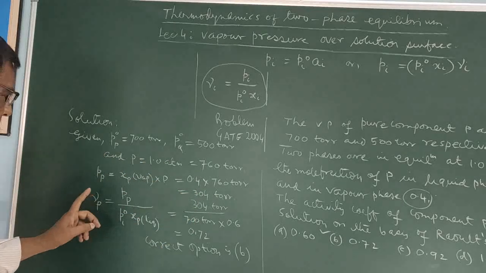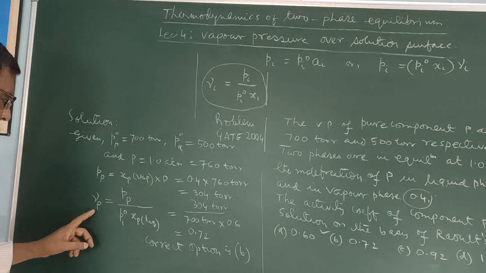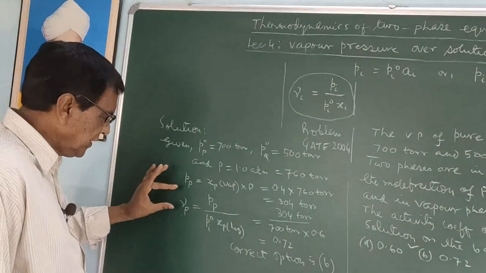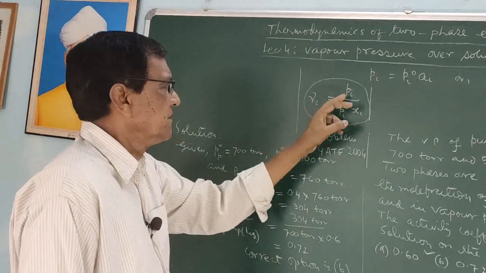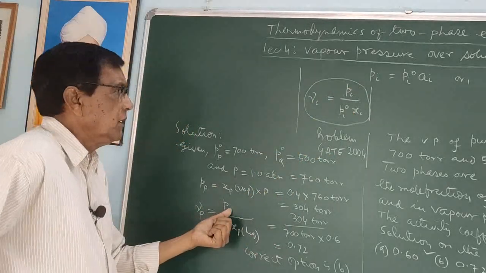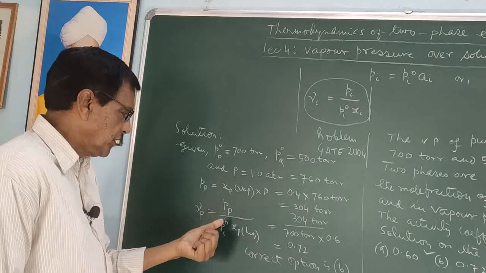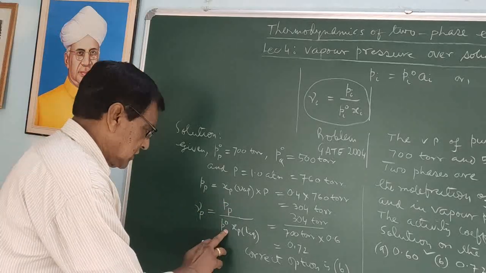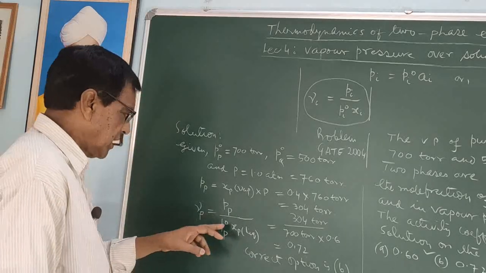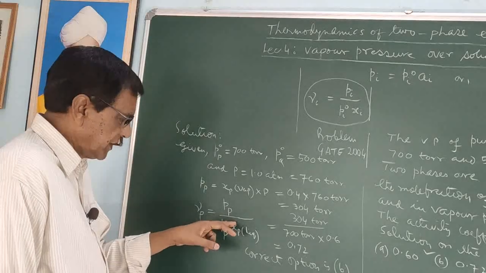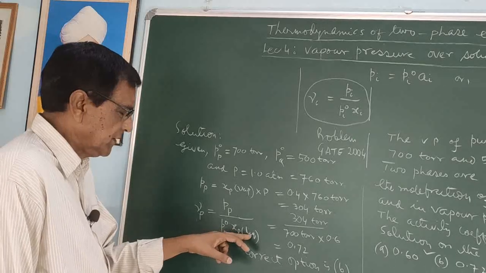So this is the vapor pressure of component P over the solution. The activity coefficient gamma P of component P in solution could be expressed by this relation: it is Pp, the vapor pressure of component P, divided by the vapor pressure of component P in the pure state, multiplied by the mole fraction of component P in the liquid phase.